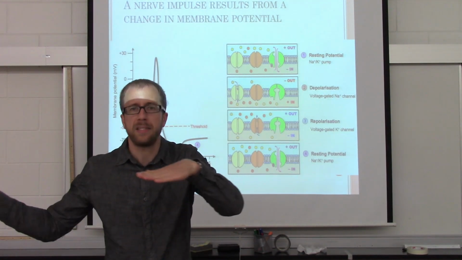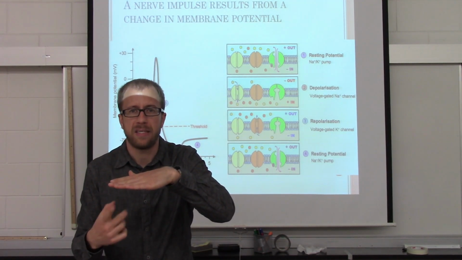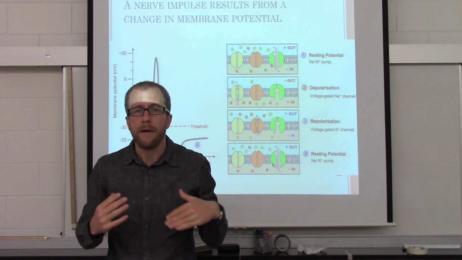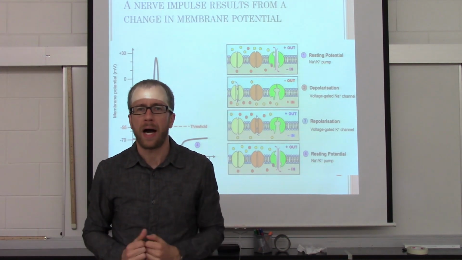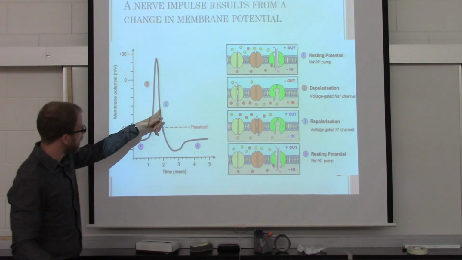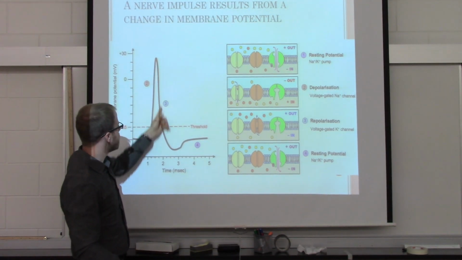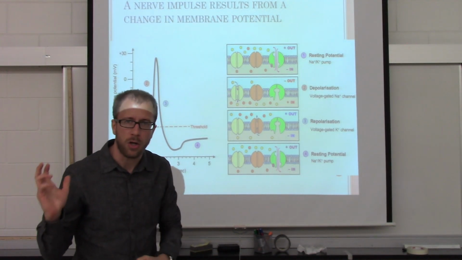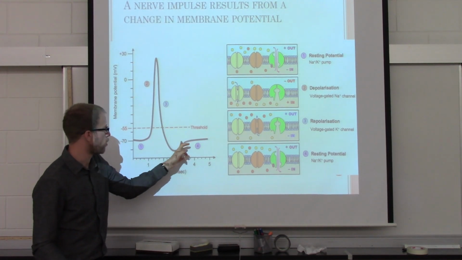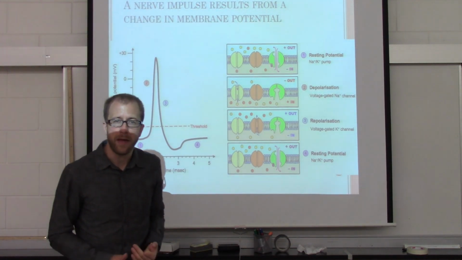Well, we have a lot of potassium inside the cell that is now going to rush out. And this is in an effort to repolarize your membrane. So all of that potassium rushes out, and at this point, your sodium ion channels are going to close up, and you get this hyperpolarization that occurs.